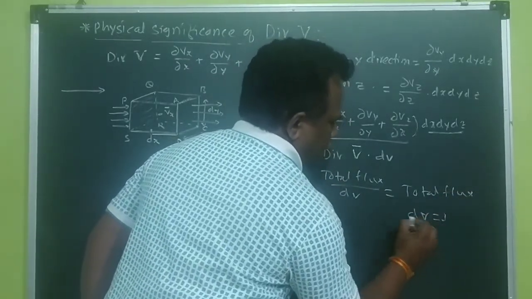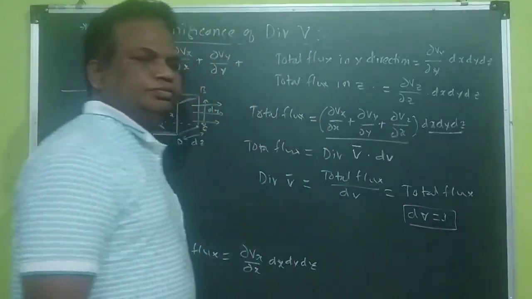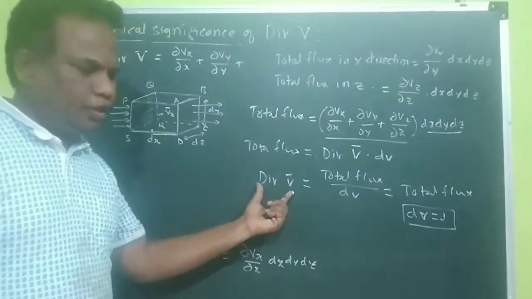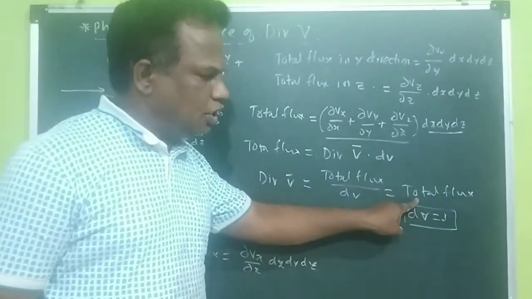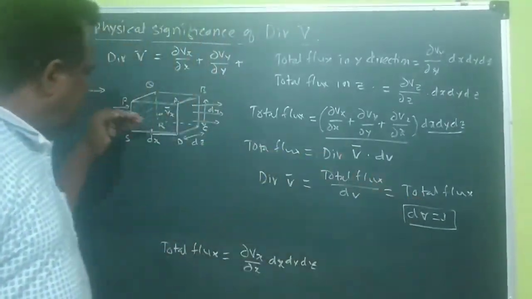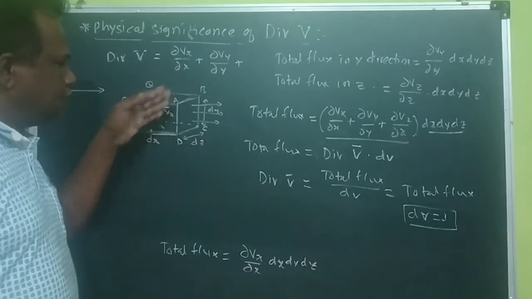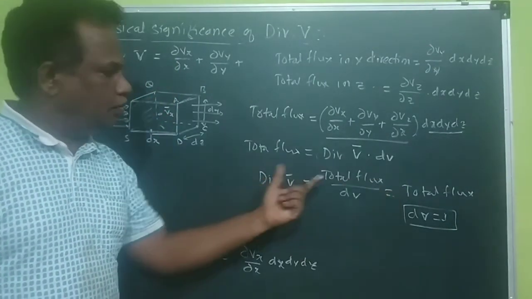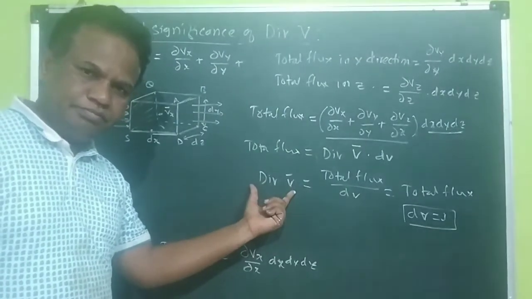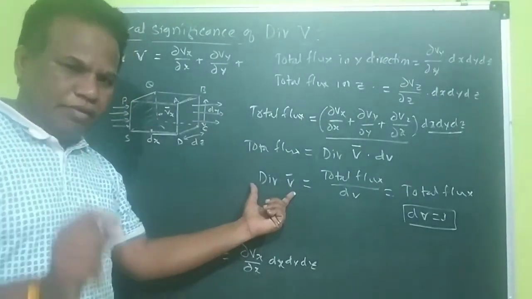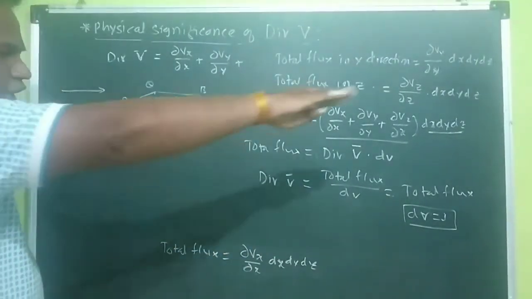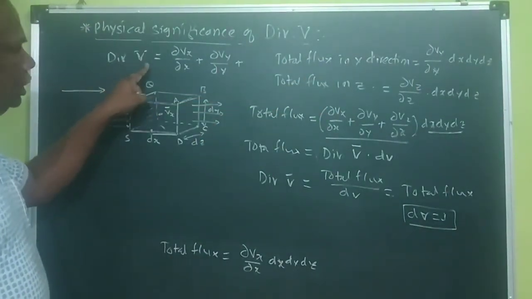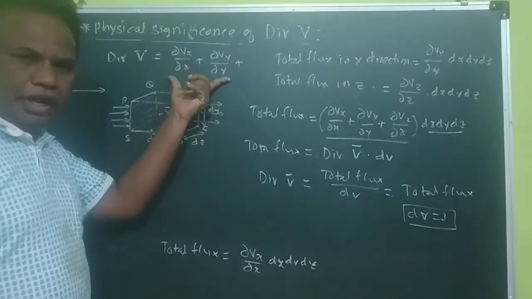When dV is equal to 1, on 1 cubic volume, then divergence of V gives rise to the variation of total flux along x direction, y direction and z direction. So this is the physical significance of the divergence of vector field. Can you understand? So divergence means diverging. Divergence of a vector field gives the equation, it is a scalar quantity.